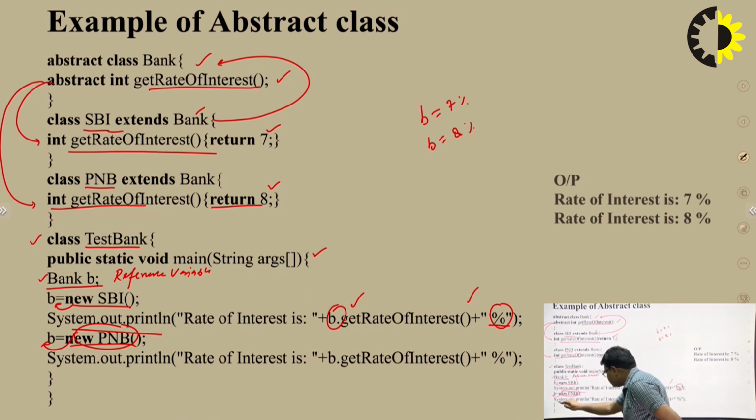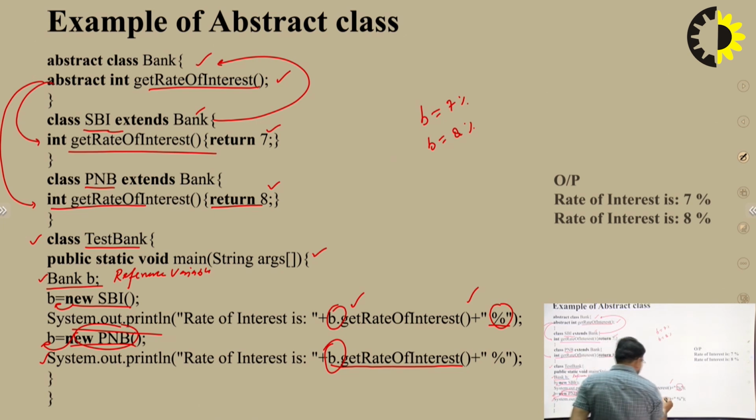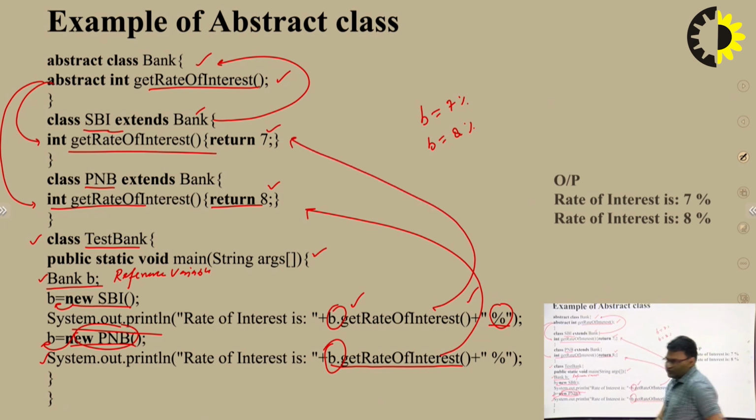Then we call the particular method getRateOfInterest using the reference variable or object of PNB class.